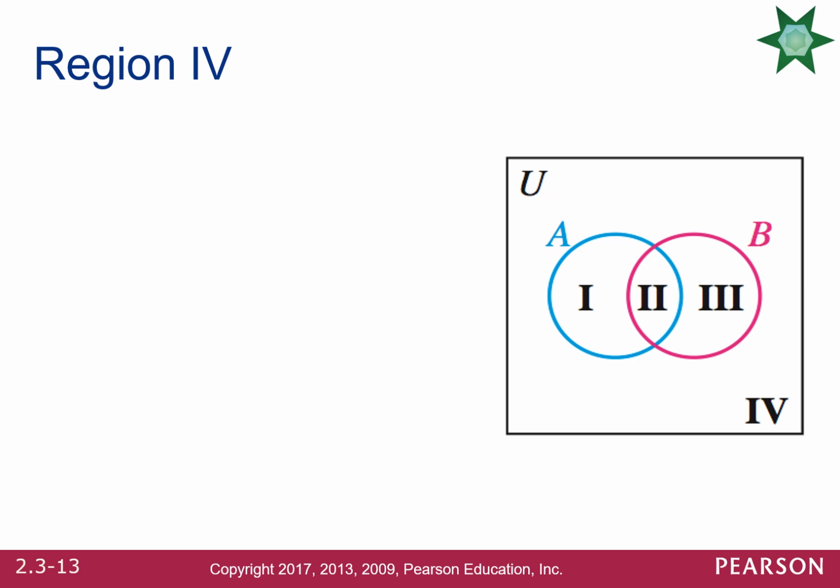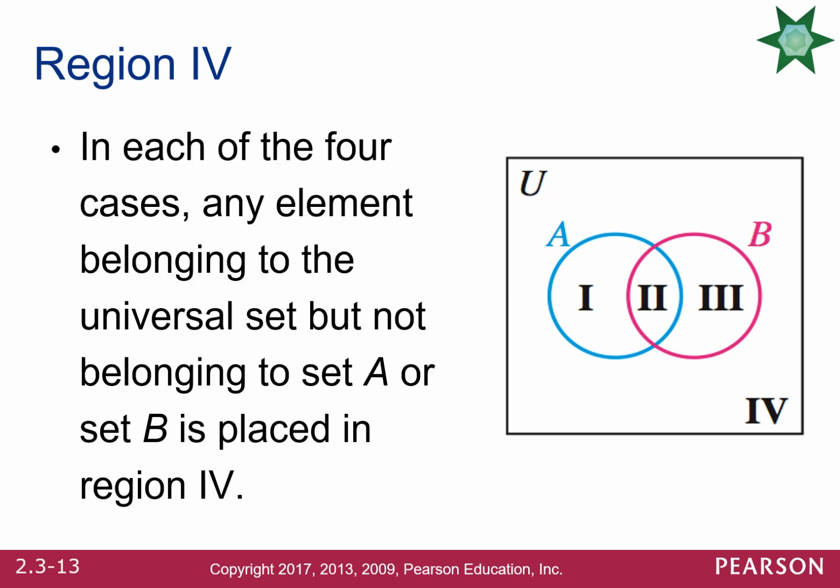They are the elements not common to A, nor are they common to B. So in each of the 4 cases, any element belonging to the universal set but not belonging to set A or set B is placed in region 4, in the area outside of the circles, but within the rectangle.